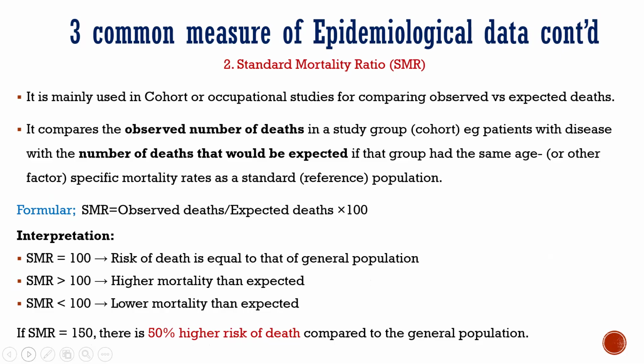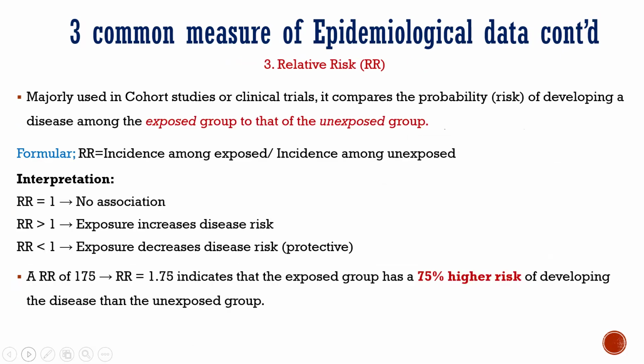Okay, so let's look at the third epidemiological measure. We have the relative risk. Relative risk is majorly used in cohort studies or clinical trials. We have to explain what clinical trials are, and for cohort study, I'm going to be explaining it as we go on.